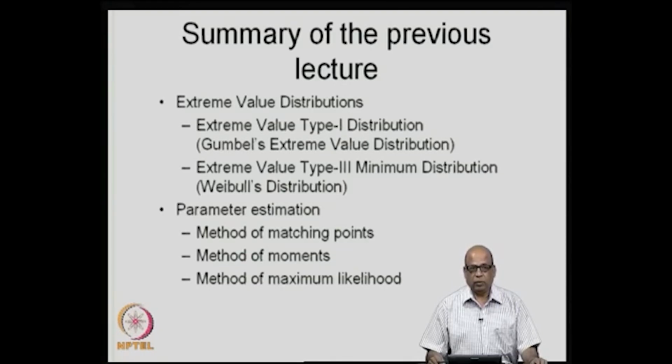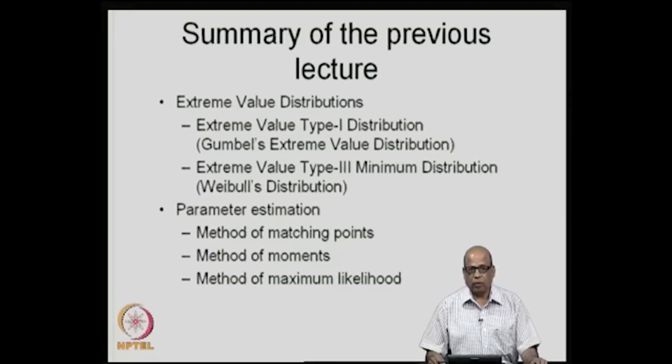In this we discussed 3 methods: the method of matching points, where from the available data observations we deduce certain probabilities, for example, the probability of x being greater than or equal to a certain value is equal to, let us say, 0.8 or some such thing. And then depending on the number of parameters that you have for the PDF, you deduce various such probabilities.